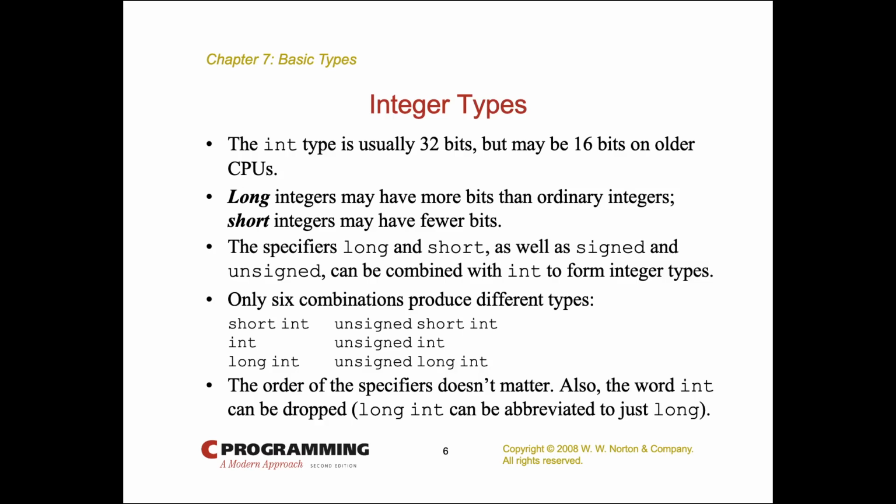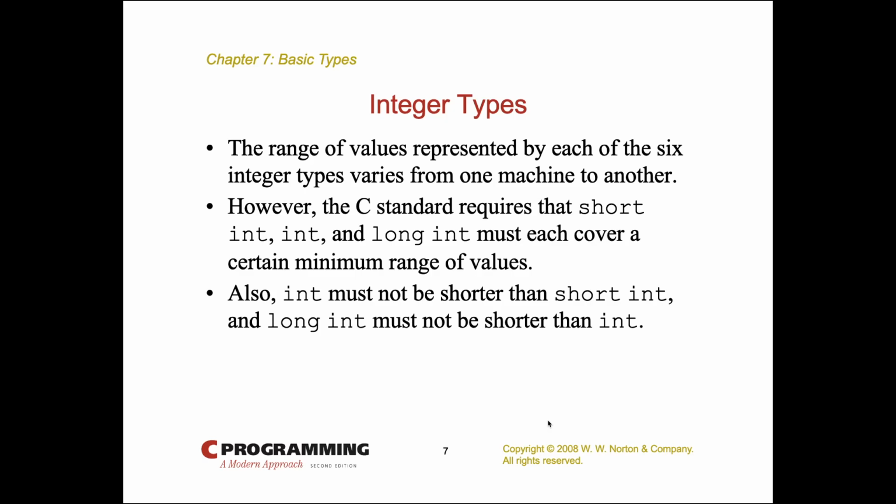Only 6 combinations produce different types: short int, int, long int, unsigned short int, unsigned int, unsigned long int. The order of the specifiers doesn't matter. Also, the word int can be dropped. Long int can be abbreviated to just long.